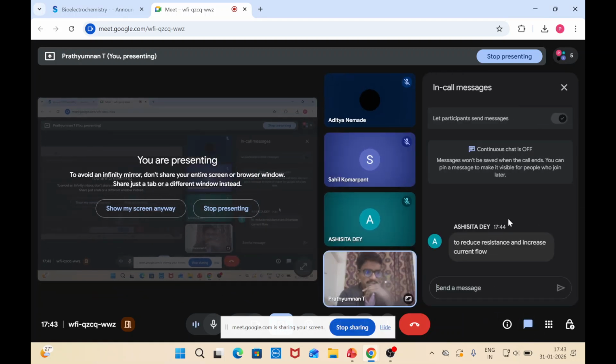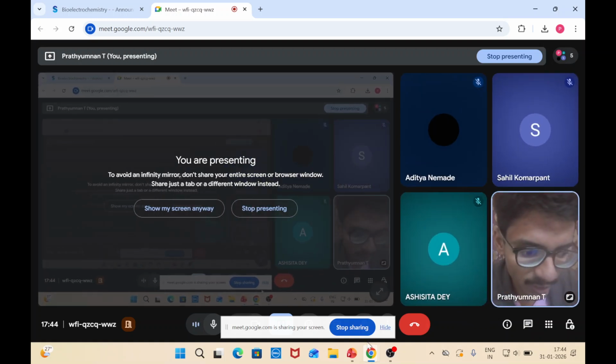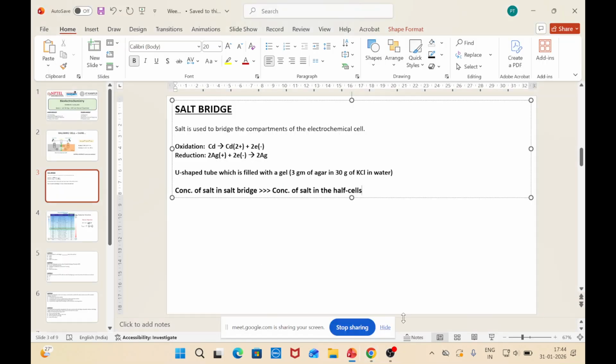To reduce the resistance and increase the current flow. Okay, but can you explain how this concentration difference, or this high concentration, will help in doing that?